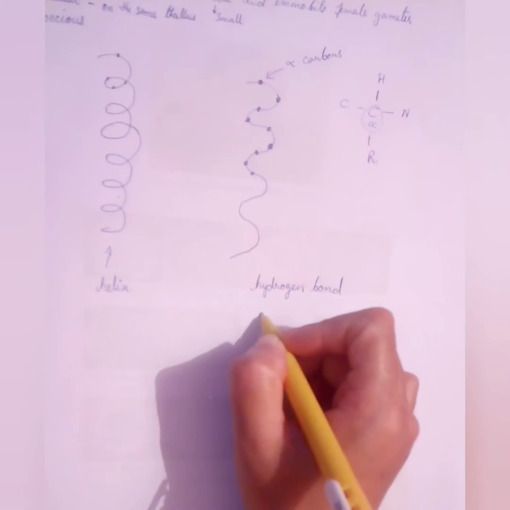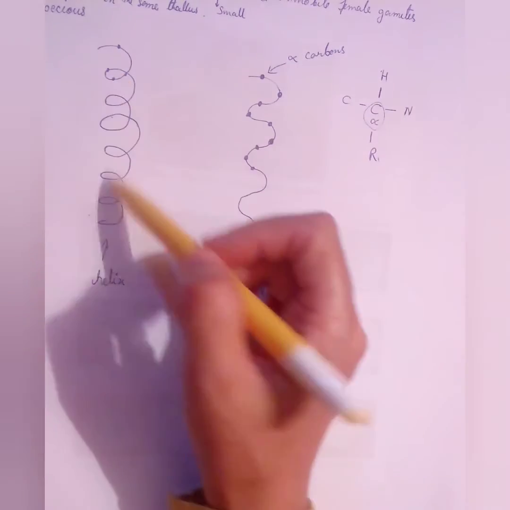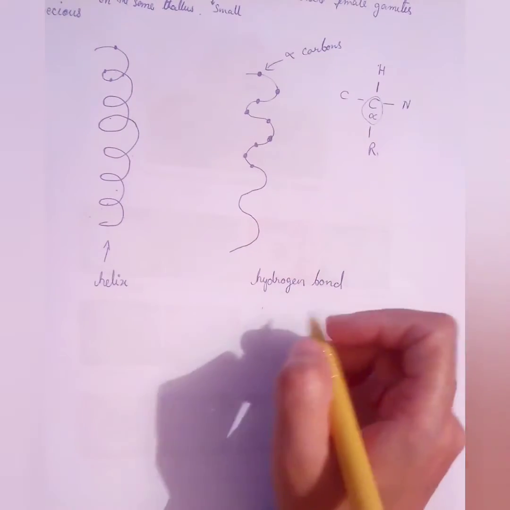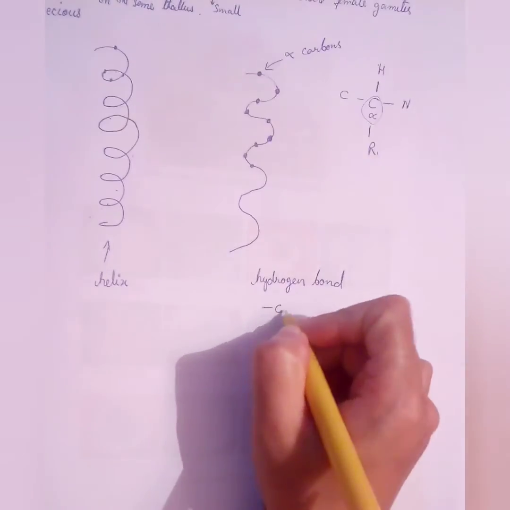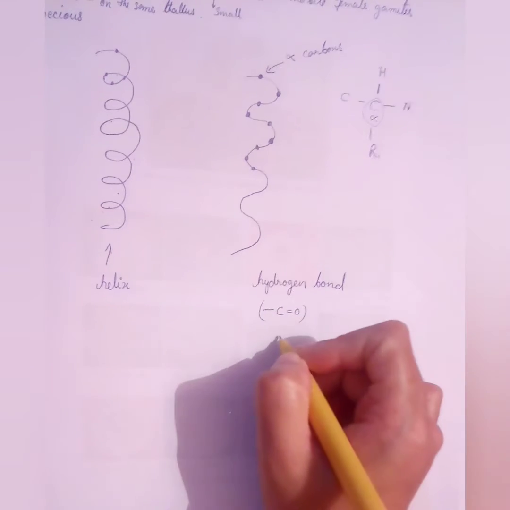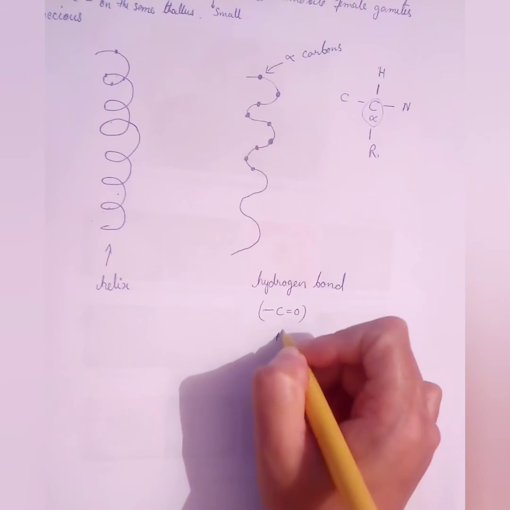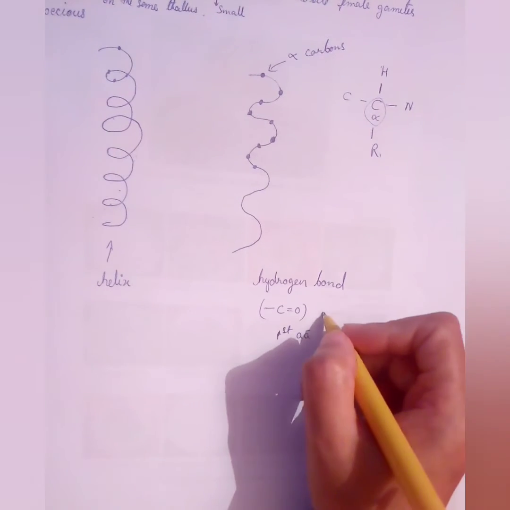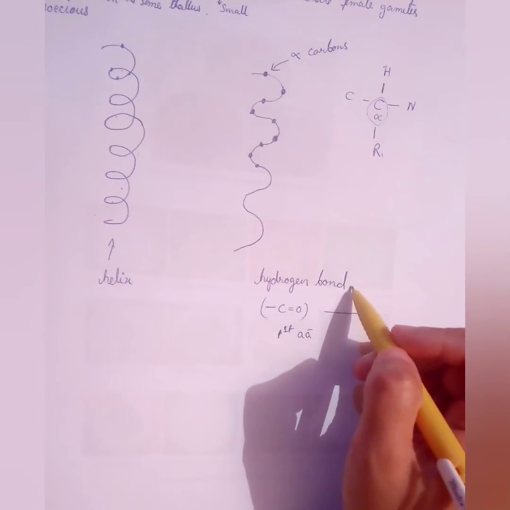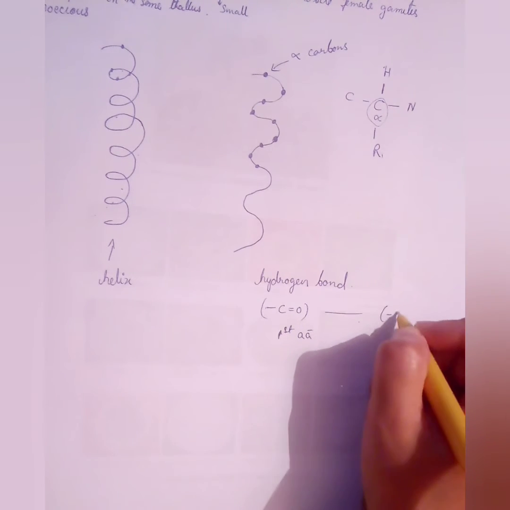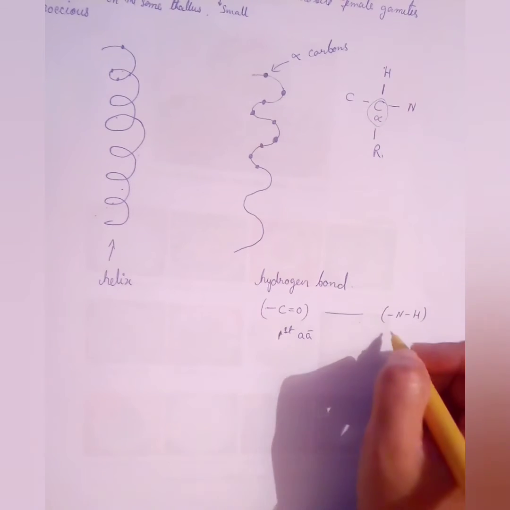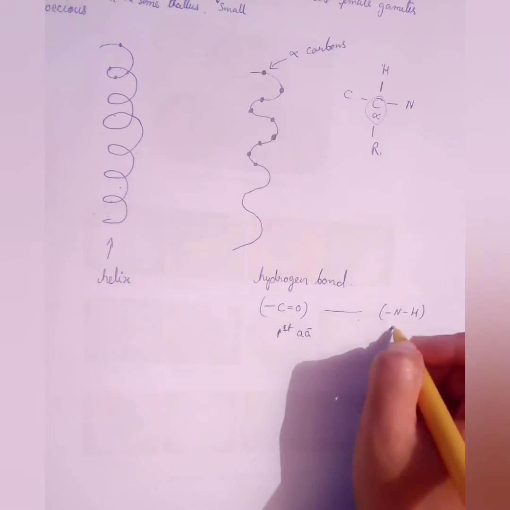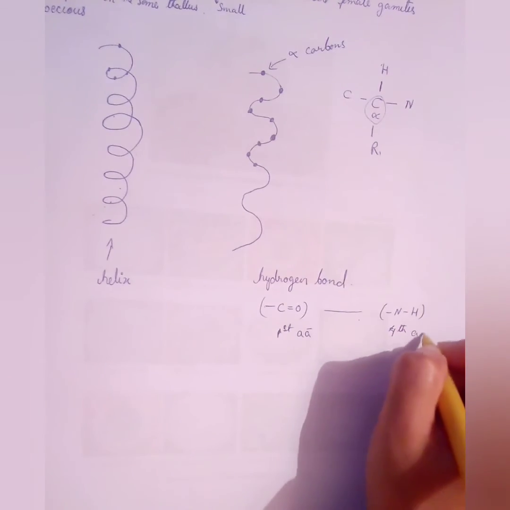Listen carefully. Here in this alpha helix, the carbonyl group of one amino acid residue is linked through a hydrogen bond with the amino group of the fourth amino acid residue.